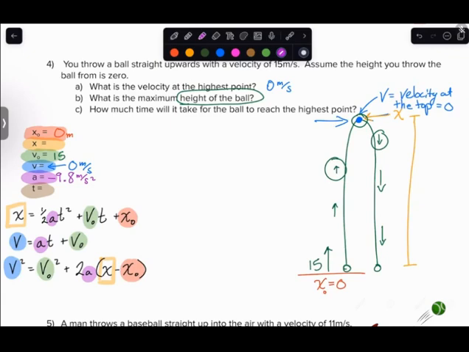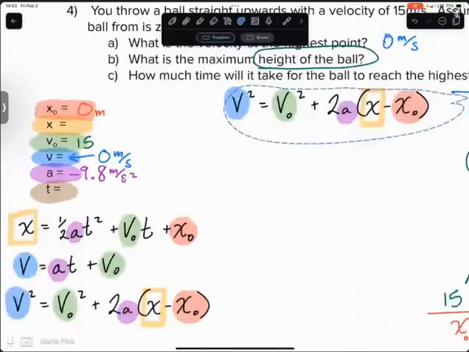So if I am trying to decide which equation to use, one of the things I want to make sure I do is pay attention to which one I have all but the one thing. So this equation doesn't work because I don't have time. This equation doesn't work because I don't have time. So that means that I need to use this equation.